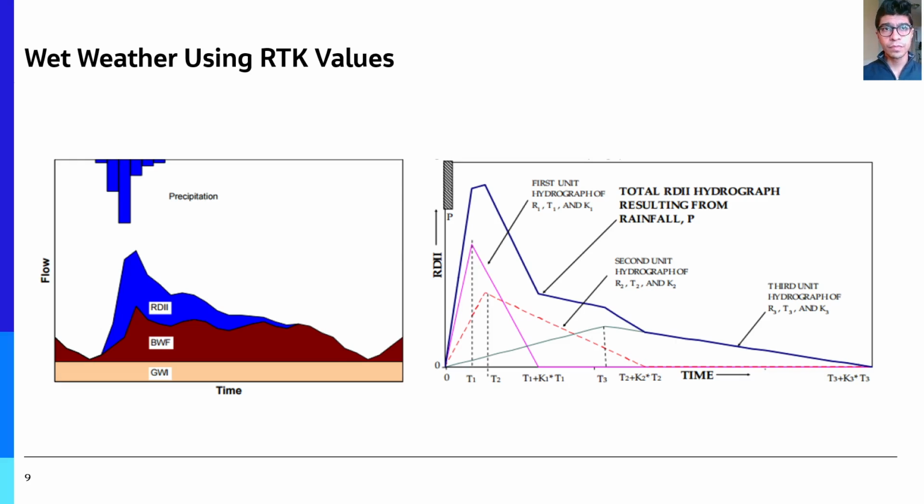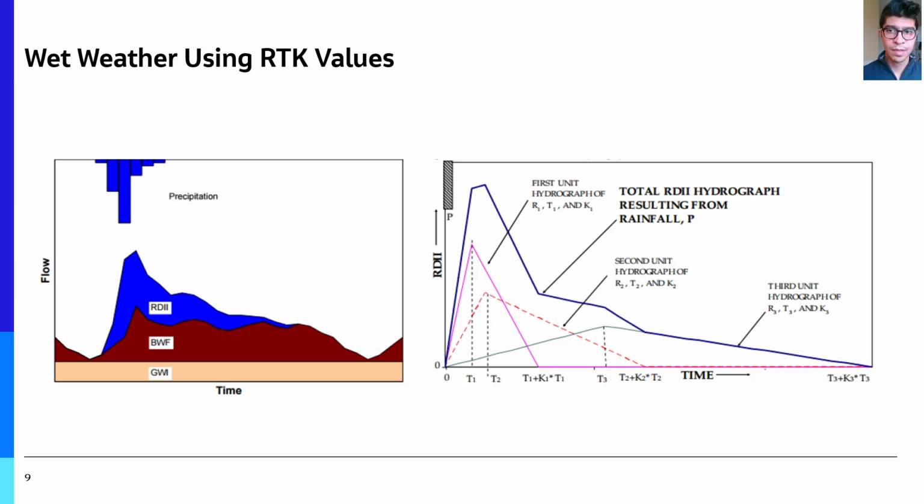So, in order to simulate each manhole's response, we would need to calibrate basically 9 different parameters: R1, R2, R3, T1, T2, T3, and K1, K2, K3. So there are 9 parameters.